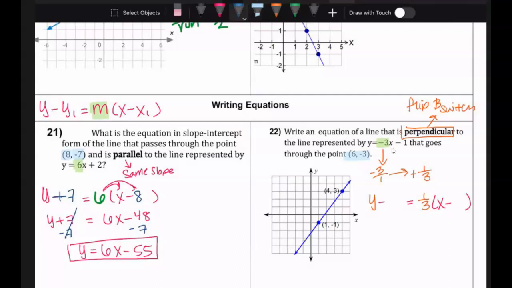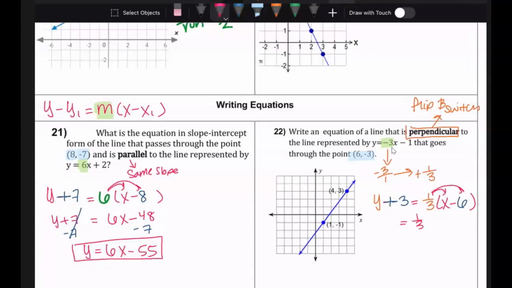So the 6 is my x, and the -3 is my y. Double negatives become positive. So now I will distribute: 1/3 times x is just 1/3 x. 1/3 times -6 is just -2, because it's positive times negative.